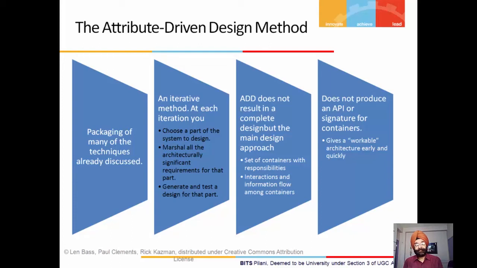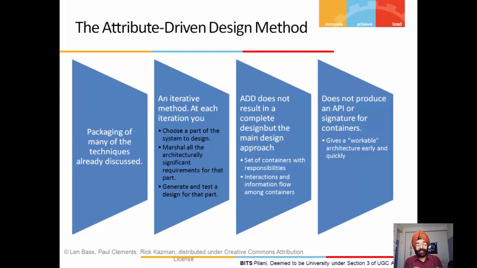Attribute-driven design does not give you a design in one go. It's an approach. And in an iterative way, we put attributes into containers, into units, and each unit is asked to address those ASRs.